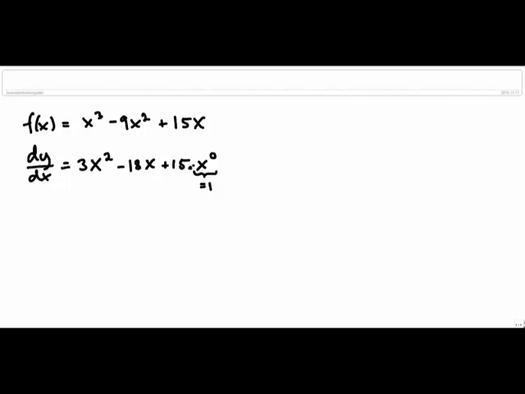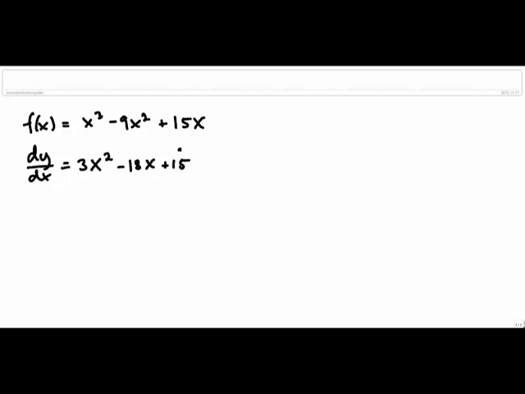So this is really 15 times 1, which is 15. So when we have an x term like this, 15x, the derivative is 15. If it would be 37x, the derivative would be 37. If we would have minus 3.7x, the derivative would be minus 3.7. Okay, it's going to be easy to remember that rule.